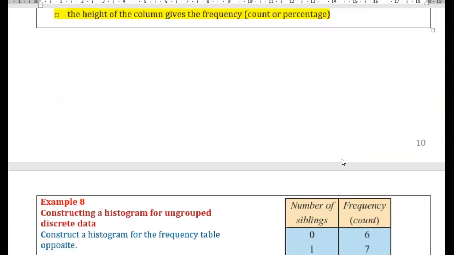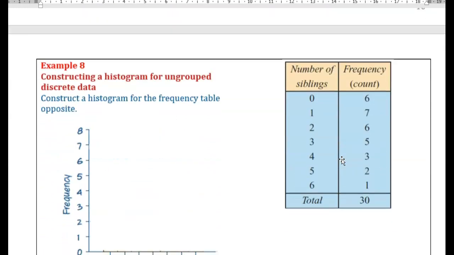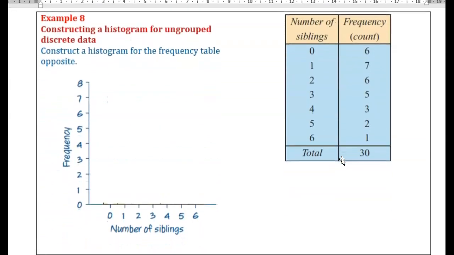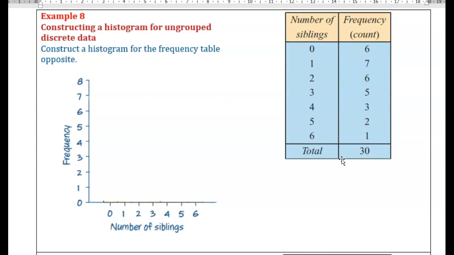Now, I'm just aware that this video is getting a little bit long, so let's just quickly look at example 8, constructing a histogram for ungrouped discrete data. So here we've got the number of siblings and the frequency count. Okay, so for our histogram here, your number goes in the middle. So for the first one, 0, we're up at 6.